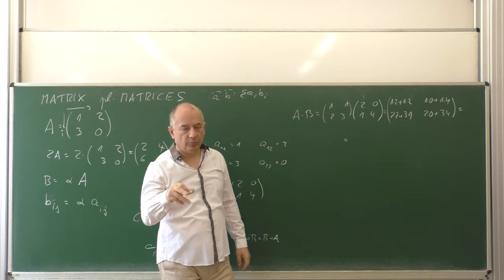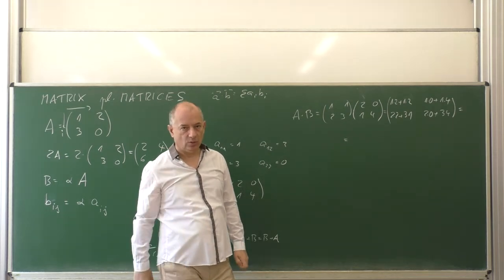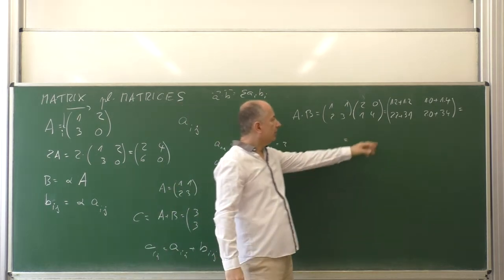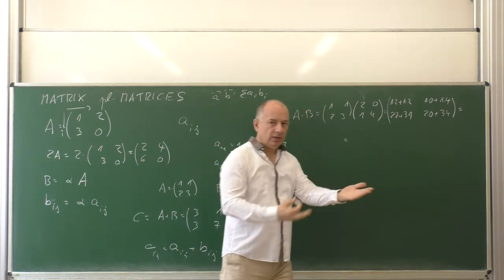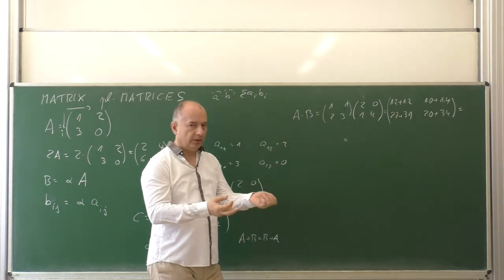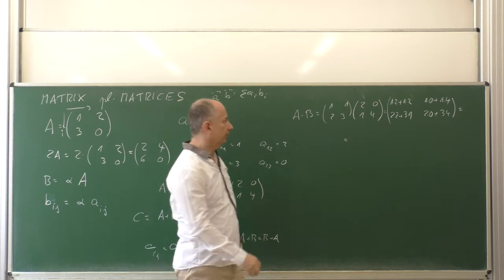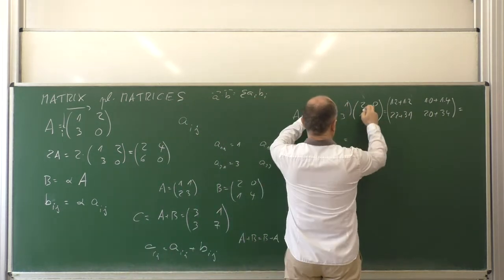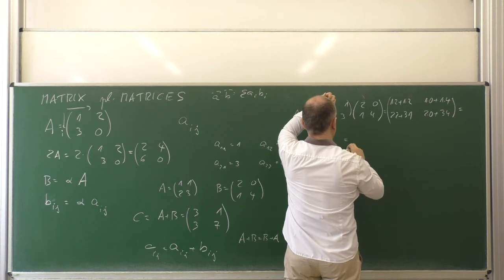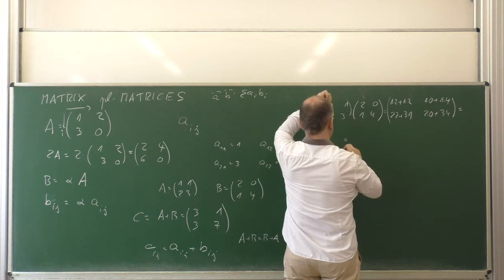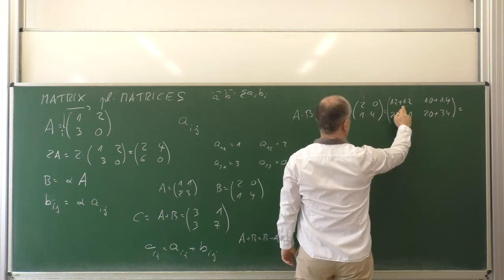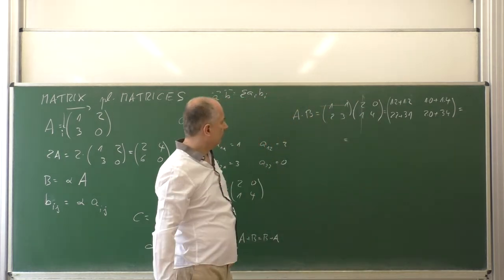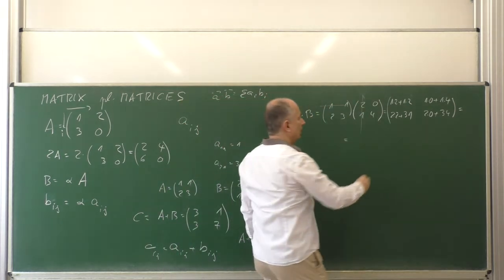Later you don't have to write plus, times, and so on. You can perform this operation just on the fly. But this time I want to write it explicitly to see what we multiply with what and what we add with what. So we have 2 plus 2 is 4. Sorry, this will be first row, the first column: 1 plus 2 plus, 1 times 1.